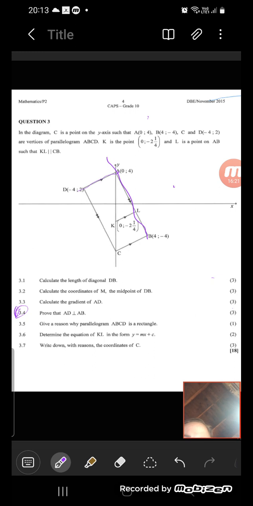Now you've got the gradient of AD, and now you want the gradient of AB. So how do you find the gradient of AB? You just found AD. How do you find AB?